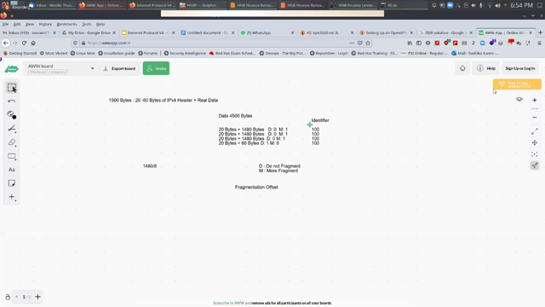Okay, so the fragmentation offset says where you have broken your packet.